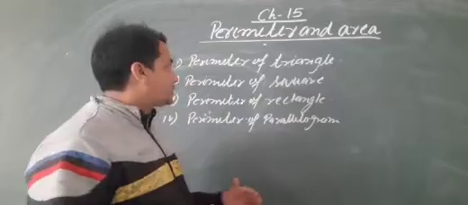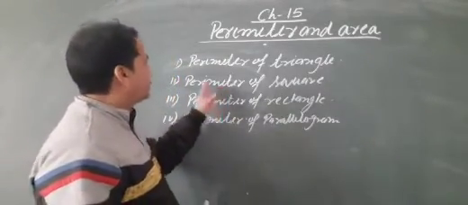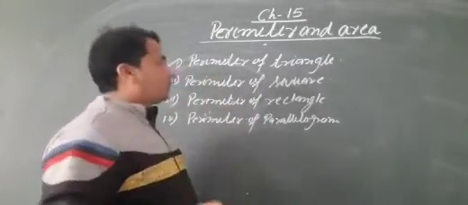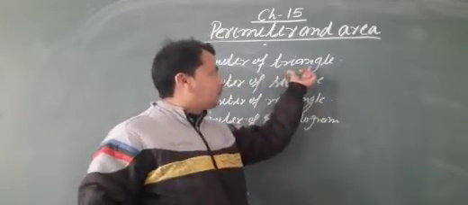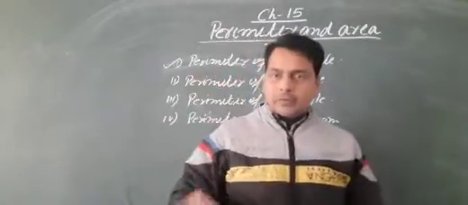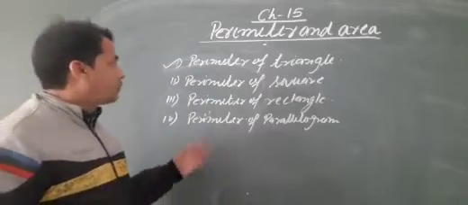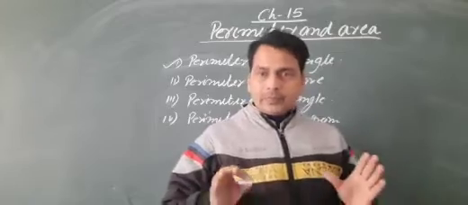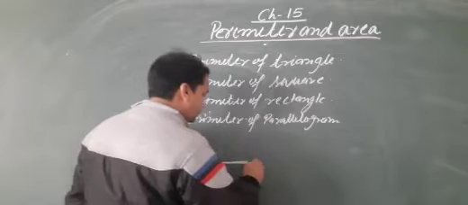In this sequence I will discuss the first term, the perimeter of a triangle. A figure which is bounded by three line segments is called a triangle. So the perimeter of a triangle means the length of the boundary of the triangle.